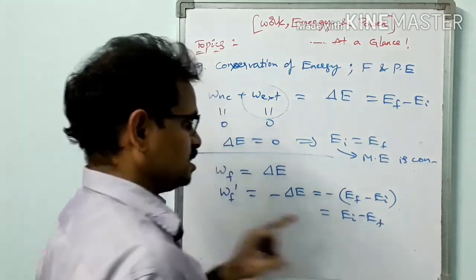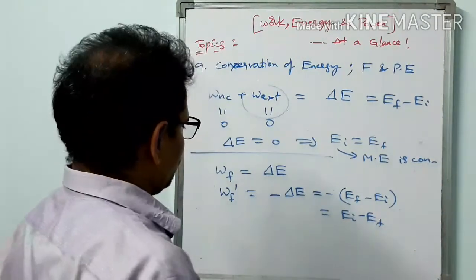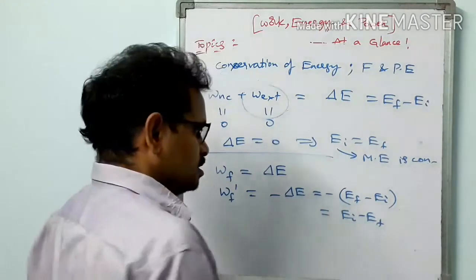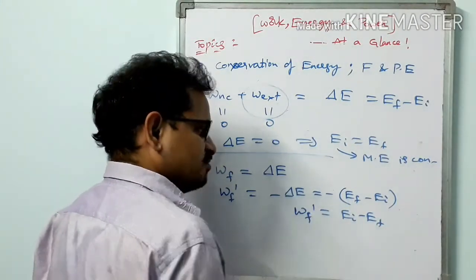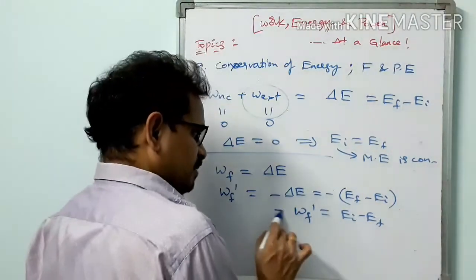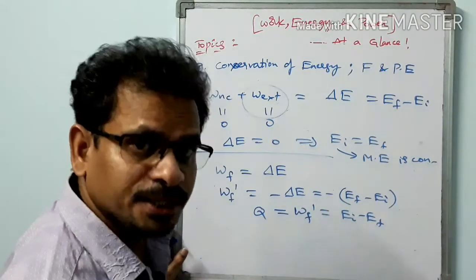What is this? This is the loss of mechanical energy. So the loss in mechanical energy is equal to the work done against friction. This work done against friction is obtained as heat energy.